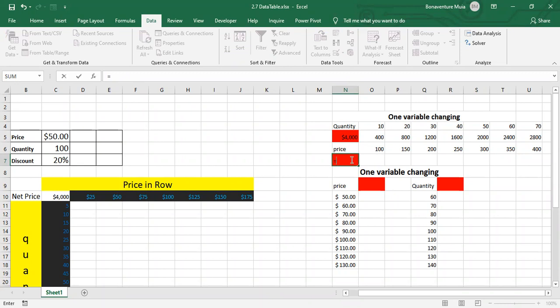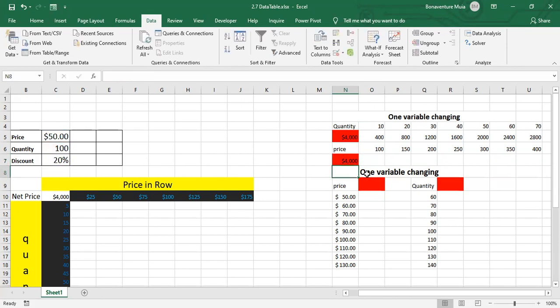So on N7, we're going to have the formula for the net price, which is going to be price multiplied by quantity multiplied by 1 minus discount. That is right.